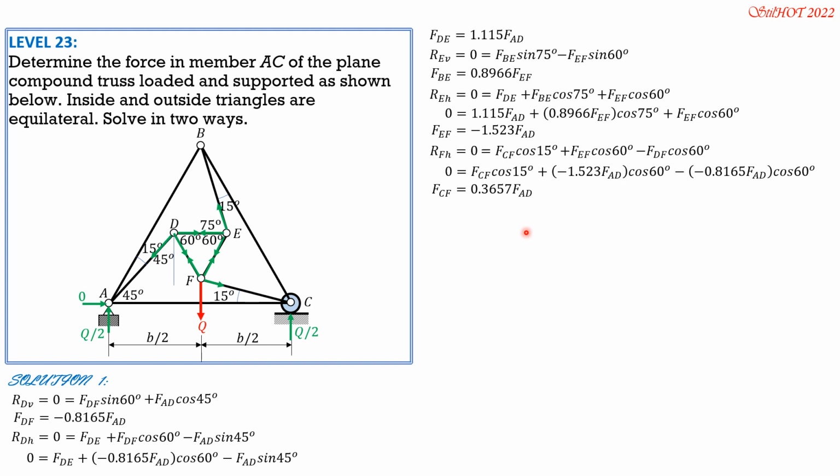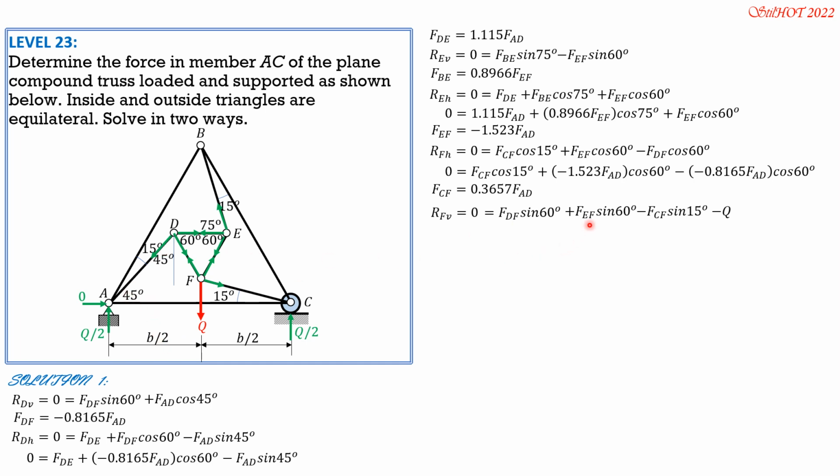Then RF vertical equals 0. So let's begin with FDF sine of 60 plus FEF sine of 60. Then minus FCF sine of 15. Then minus Q. Take note there's a load here. So substitute the values of FDF, FEF, and FCF in terms of FAD.